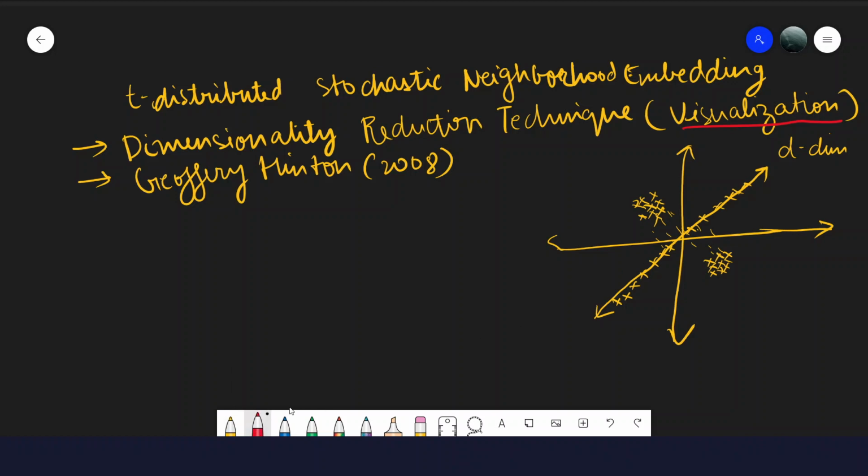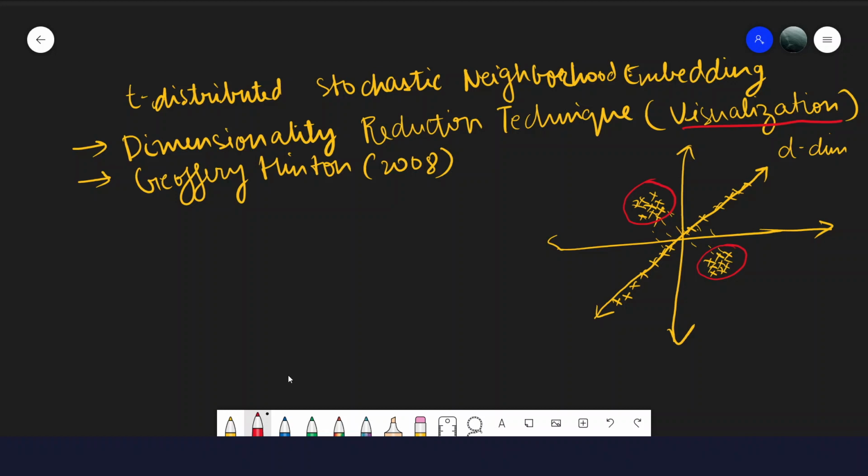But as you can observe, there's also local structure in the data set, where these data points form a local structure. If we use PCA, this local structure gets morphed onto the straight line, which is not very useful if you want to visualize your d-dimensional data set in 2D or 1D.